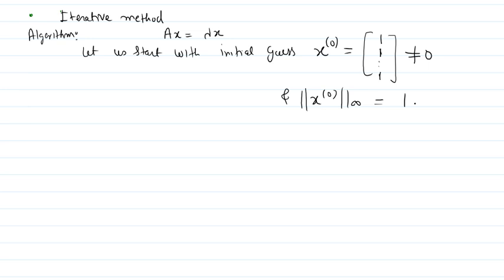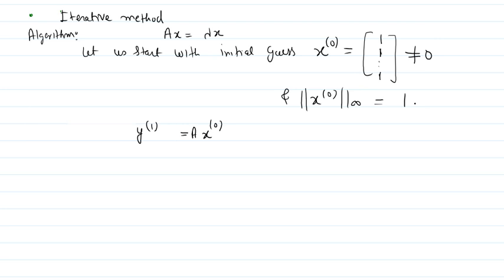Then you multiply this initial guess with matrix A, and you will get some column vector, say that is y1. Now we will scale y1 so that the norm of y1 is also 1.